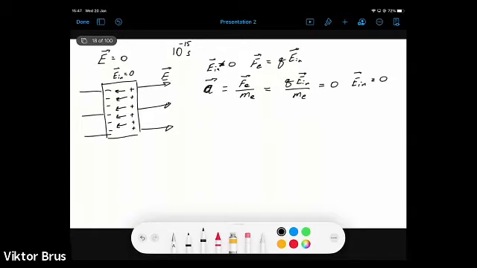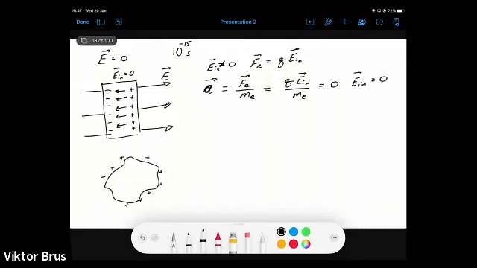And now let us consider the second one. The second one states that if a conductor is charged, then the electric charge is located only on the surface of this conductor under electrostatic equilibrium conditions.